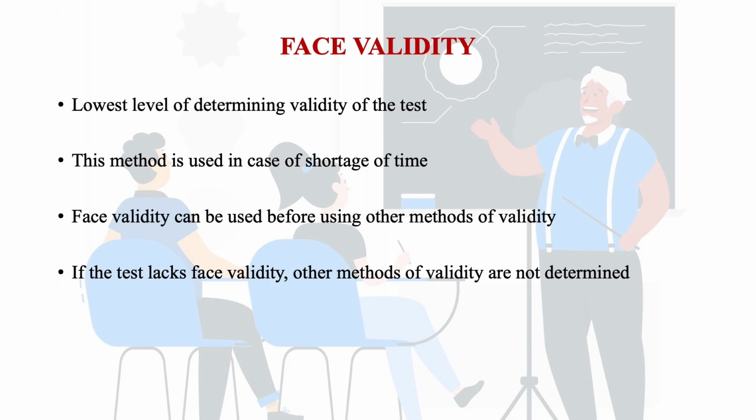Unless the test is validated by face, there is no need to use other methods of validating the test. That's why this is the first method. If the test lacks face validity, other methods of validity are not determined. So first of all, a test should have face validity before going to use the other methods of validity.